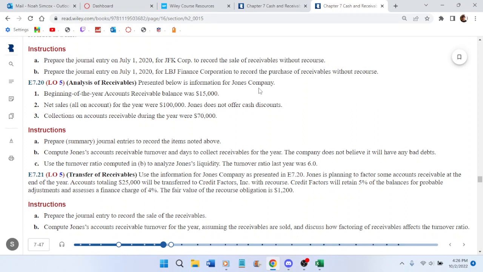Beginning of year accounts receivable. Well, we will record net sales. That was funny.